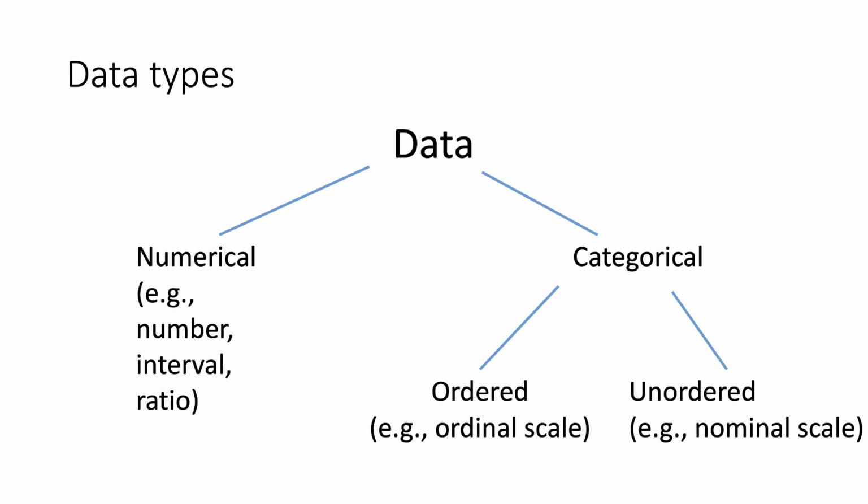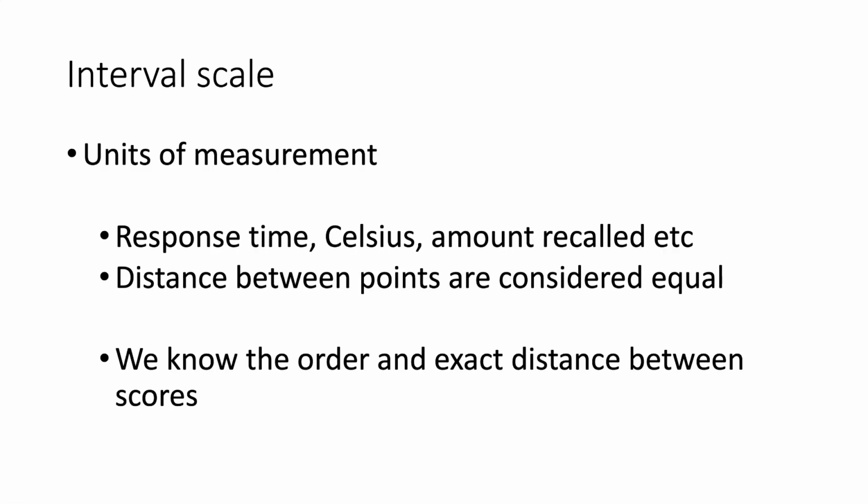And again, here I've just put a little bit more information there on those categories for you to be able to see. So numerical data usually comes in the form of some sort of number or interval ratio, whereas categorical data, if it's ordered, we call it an ordinal scale, and if it's unordered, we call it a nominal scale. So the units of measurement.